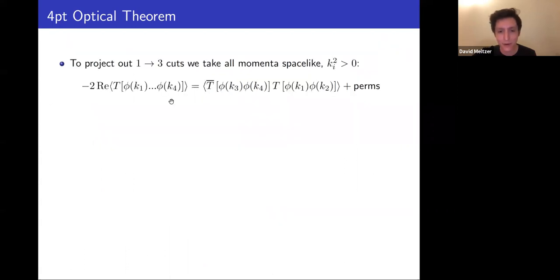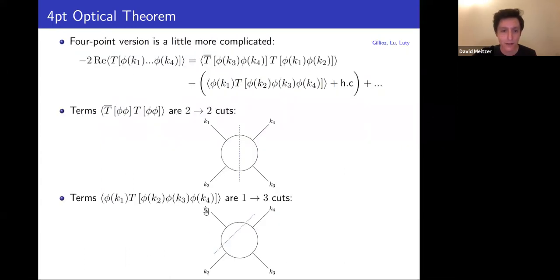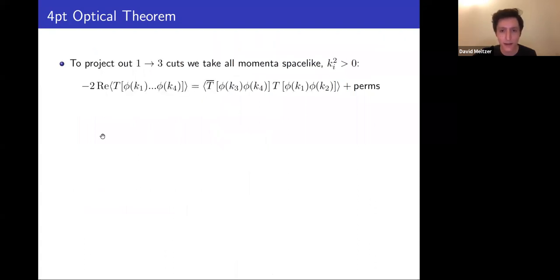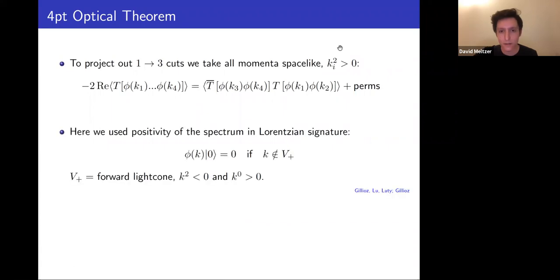But anyway, we want to get rid of these cuts, and we do that by taking our momenta to be space-like. Then the real part is just a sum of all these S, T and U channel cuts. To prove that these 1 to 3 cuts go away, we just use positivity of the spectrum.